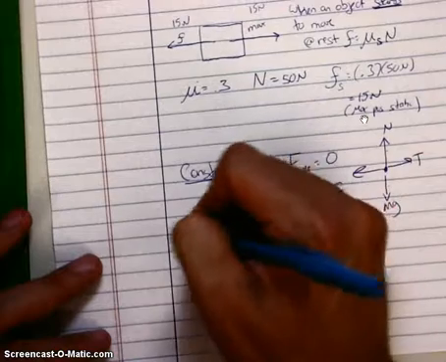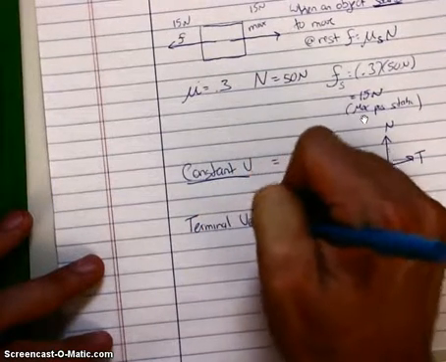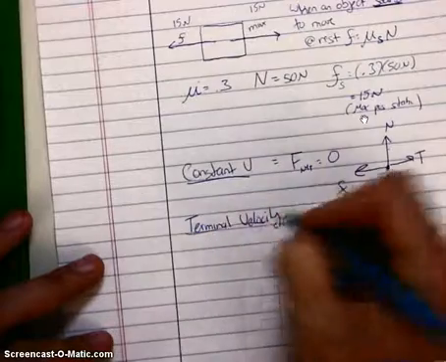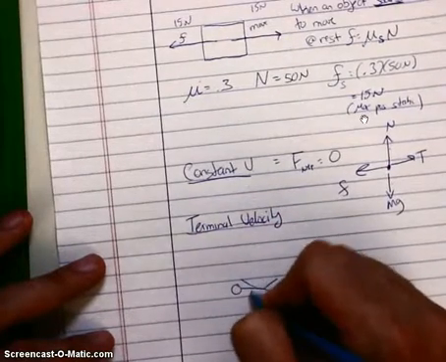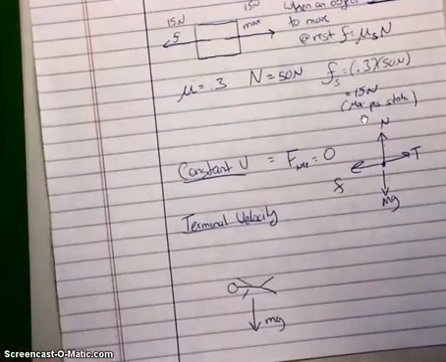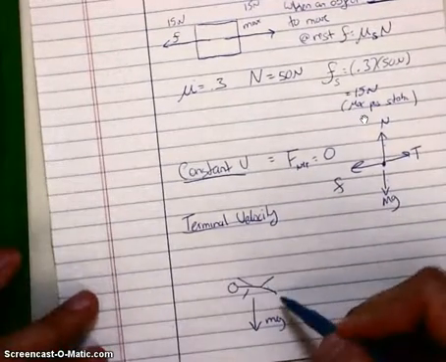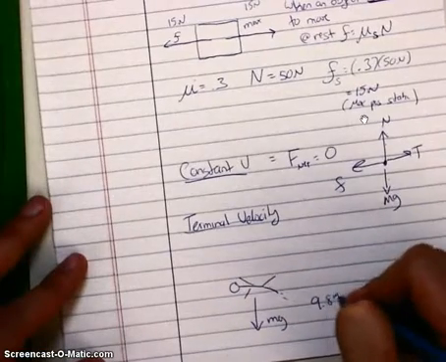I'm going to bring up another term for you, terminal velocity. If you've ever gone skydiving, when people fall out of a plane, they have gravity pulling them down. And in theory, if there was no air resistance, this person would keep speeding up and speeding up, because their acceleration is 9.8 meters per second squared.